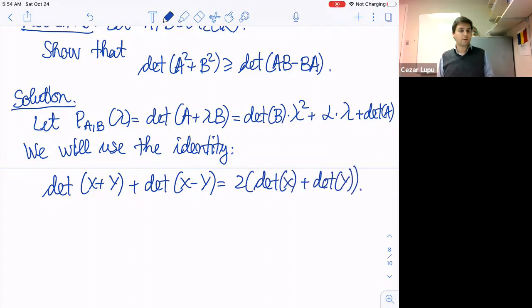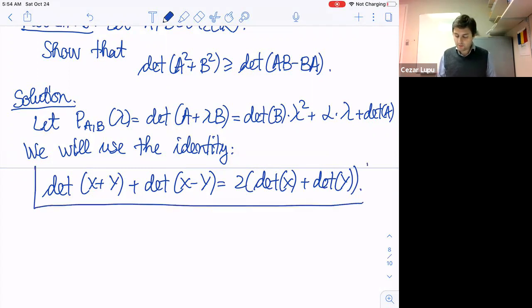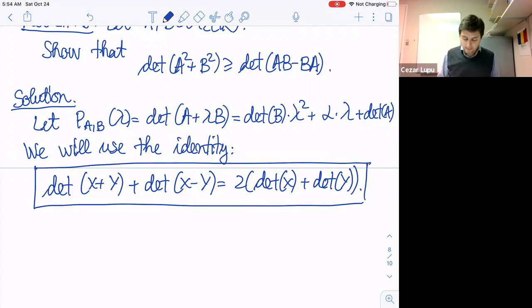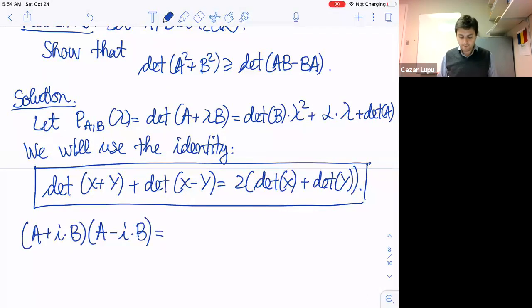So what we're going to do, well, we want to use this identity, and now let me just give you the main idea, and maybe you can finish off the problem. Look at this thing here. I'm going to multiply this in two ways. Right? And the other way around.